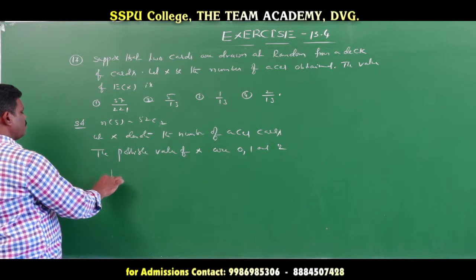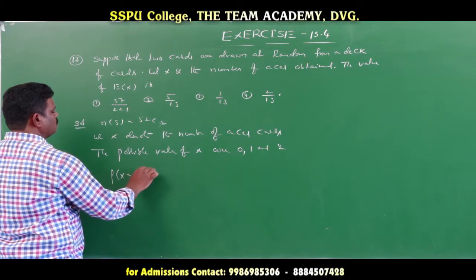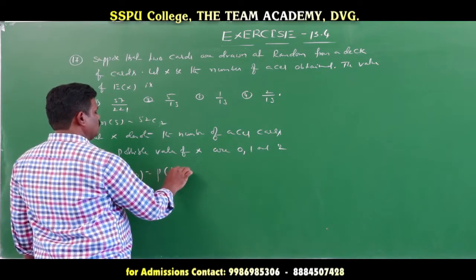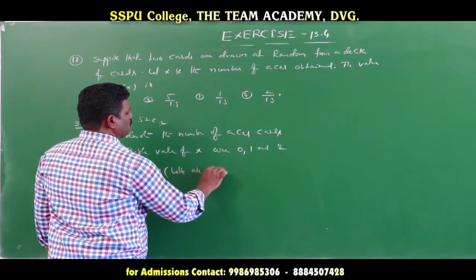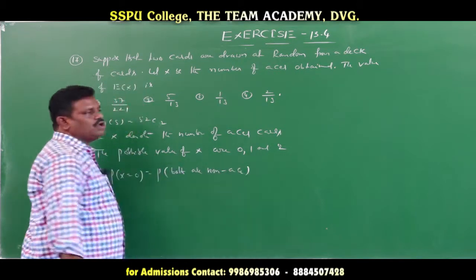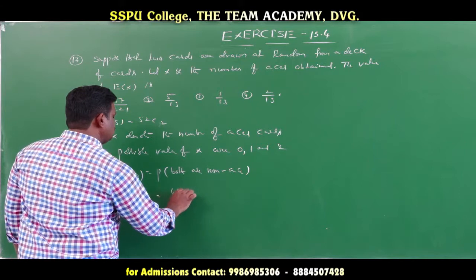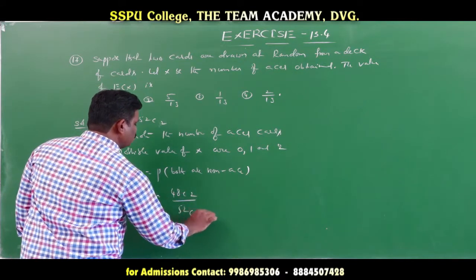So probability of x is equal to 0: both are which type of card? Non-ace. So how many non-ace cards are there? 48 cards. So that is equal to 48 C2 by 52 C2.